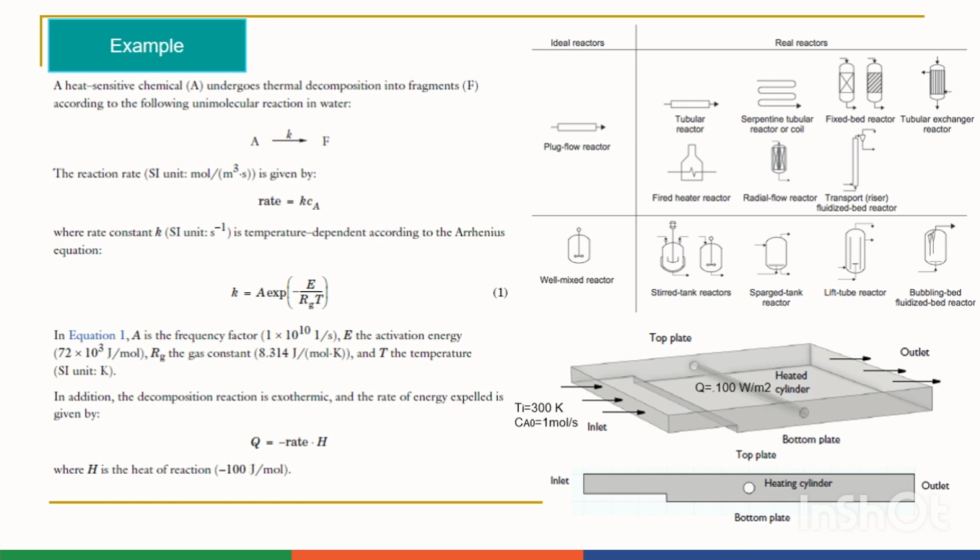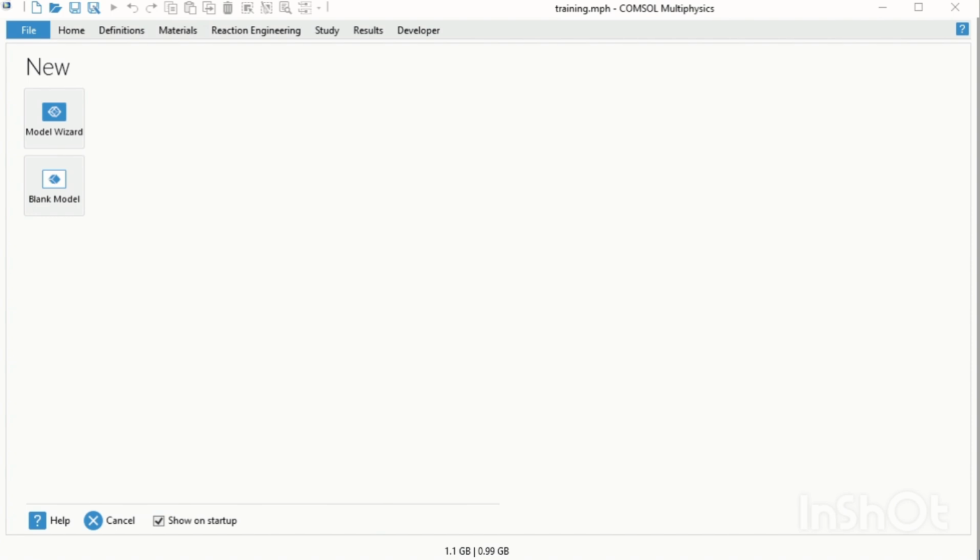Let me share my screen. When you open the software, you will face this page here. The window has two options for creating a new model: model wizard and blank model.